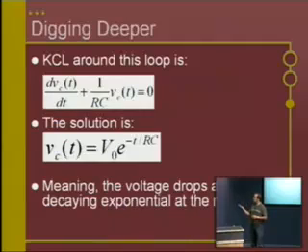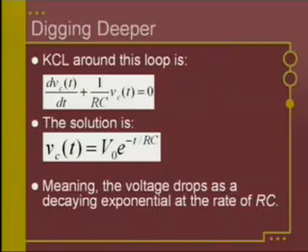Mathematically, we can show that you get this differential equation, and the solution to that fairly straightforward version is V0 e to the negative t over tau, or negative t over RC, where R is the value of the flash resistance itself and C is the value of the capacitor. What it basically says is that the voltage across the capacitor drops as a decaying exponential, with a controlling constant of 1 over RC.